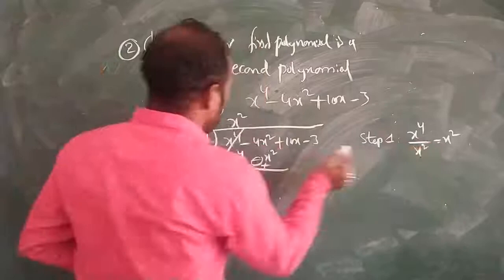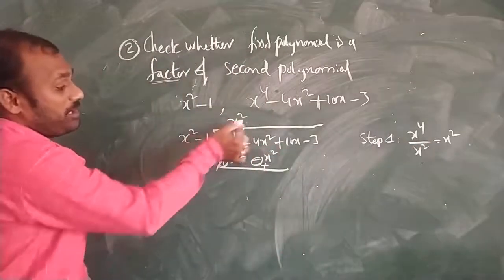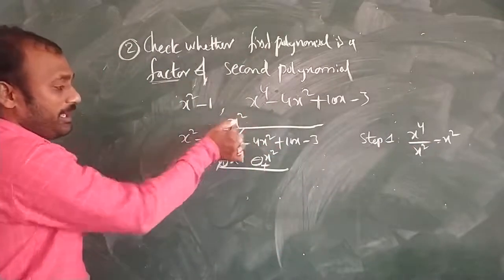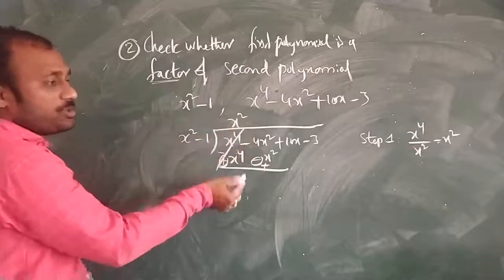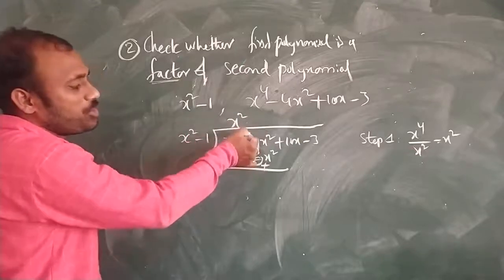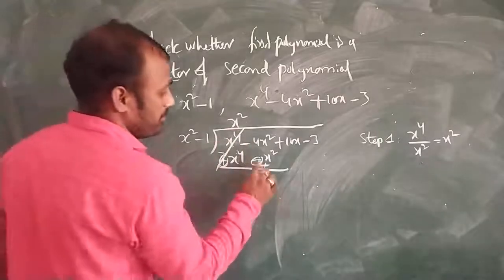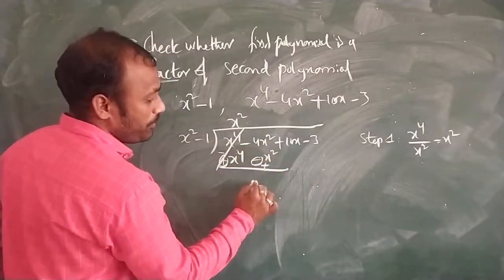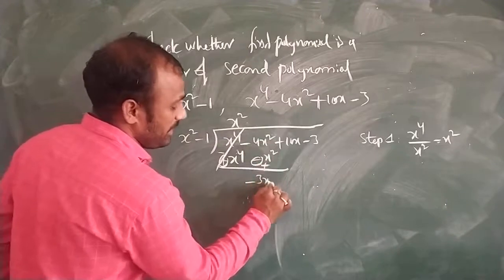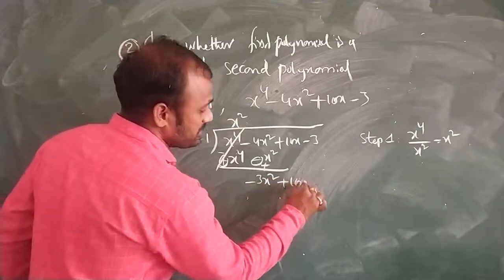But while multiplying x square into x square, I directly get x to the power of 4, and the next term directly gives x square. So even if I keep 0x cube, there is no use here, and that is the reason I am not using it. So minus 4 plus 1 is minus 3x square plus 10x minus 3.